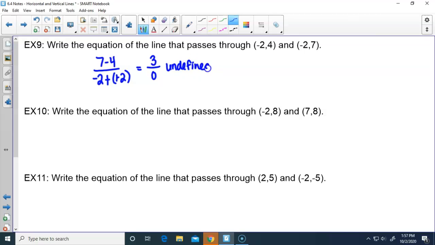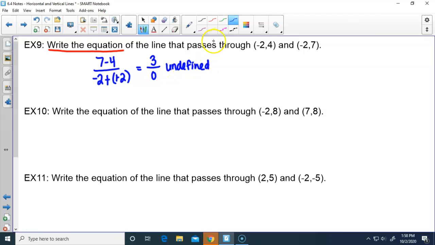Now, a lot of students want to stop and say that's the answer, but it did not ask us for the slope. The question asked us to write the equation of the line. And so we've got to write the equation of this line with an undefined slope. Well, we can't plug it into y equals mx plus b because 3 over 0 is undefined. It's not a number. We can't write the word undefined in the middle of an equation. But the way that we can look at this is really simple.